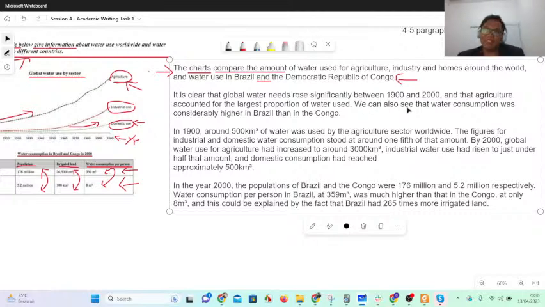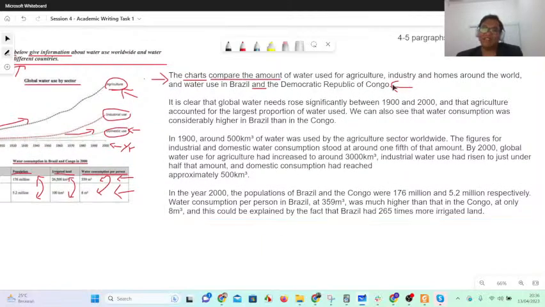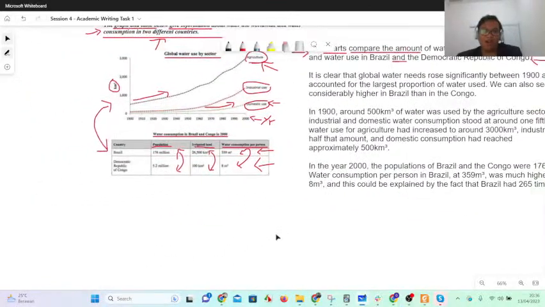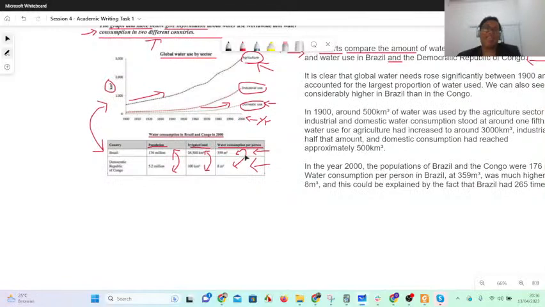You don't need to mention that, because we've already identified the legends in the introduction, so that is automatically implied. Similarly for the table: we can also see that water consumption was considerably higher in Brazil than in Congo, and you can see that we have not specified anything just yet.